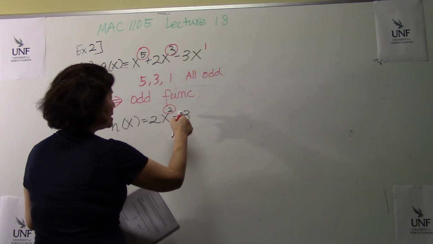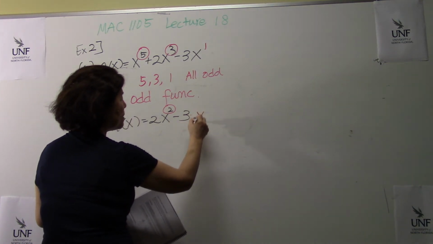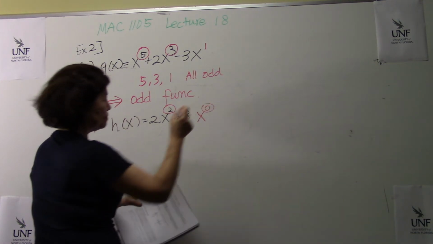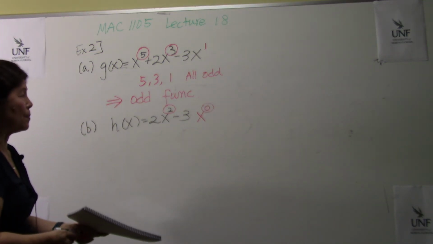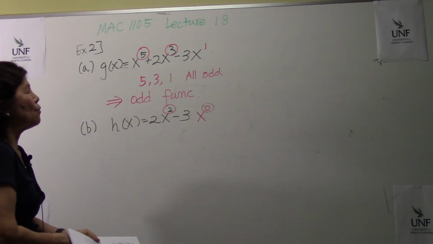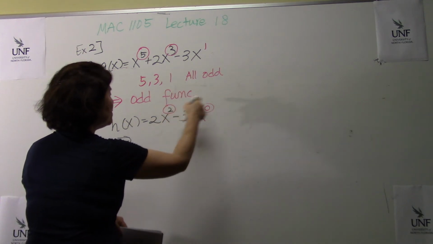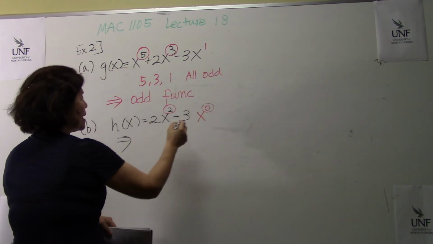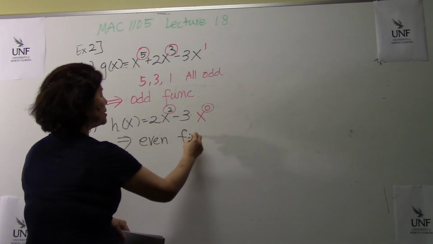And when you have just the constant 3, you can think of this one as 3 times x to the 0 power. So whenever you have a constant term, you can change this one to 3 times x to the 0. So what kind of powers do they have? It's all even numbers. In this case, we call this function an even function.